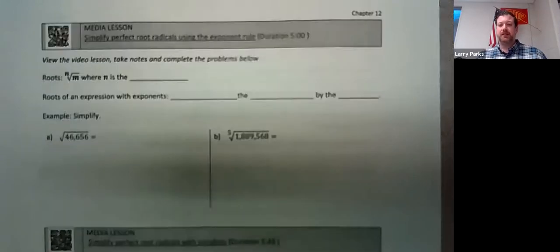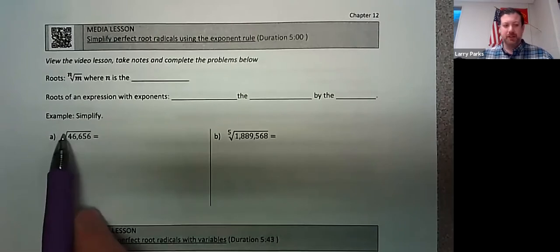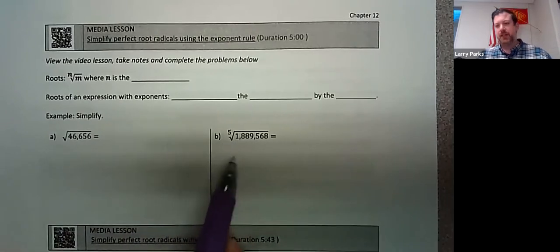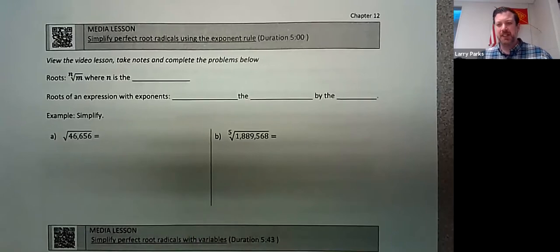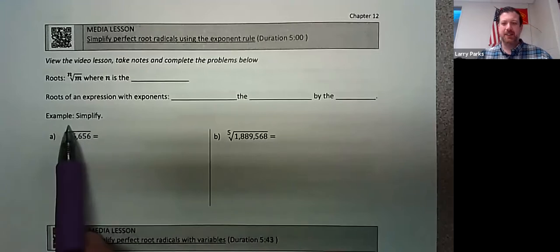So let's start off with the first type of problem. The first type of problem I want to show you are radicals that when you take the square root or you take the fifth root, you get a whole number. Those are actually pretty easy. You could really just type that in your calculator.